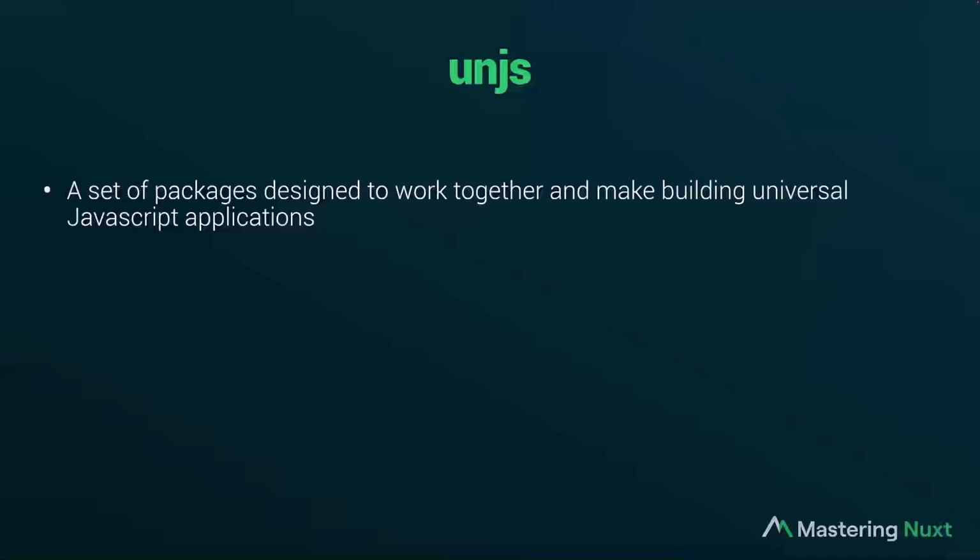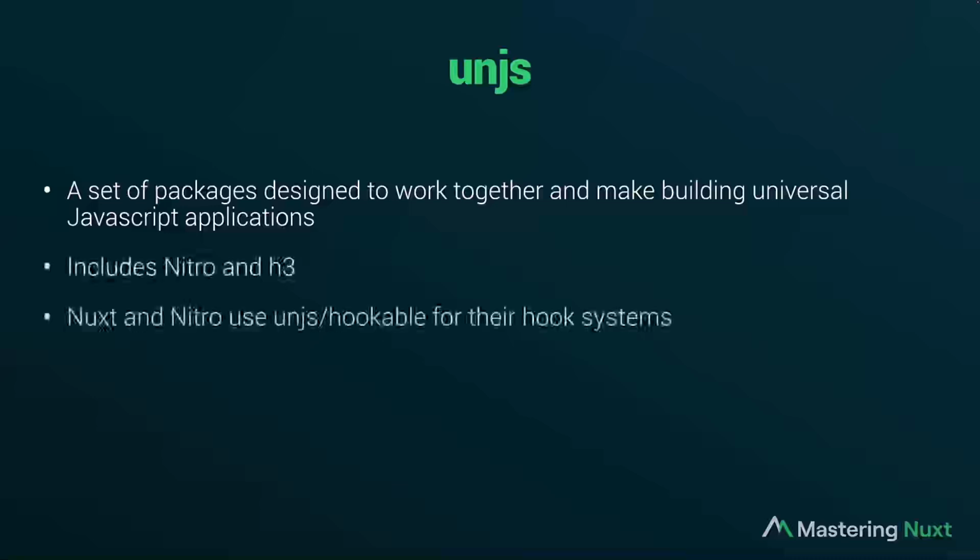But in general, UnJS is a collection of different packages that are just for helping us to make JavaScript applications in general. One package that we haven't looked at is the hookable package.